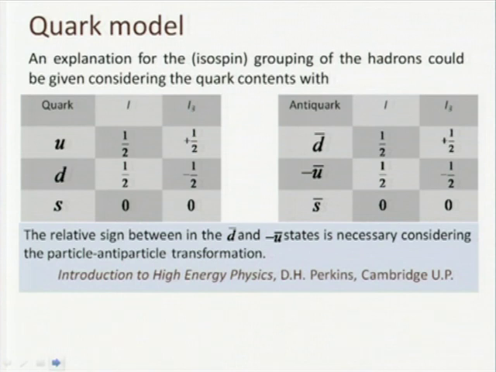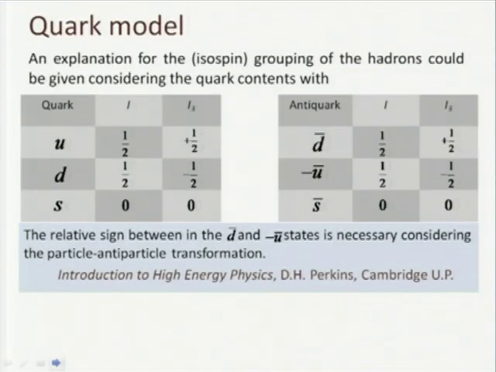If that is so, then we need to put a relative minus sign in the d bar, u bar case, and the d bar quark will now have I_3 equal to plus half, and the u bar quark will have I_3 equal to minus half.